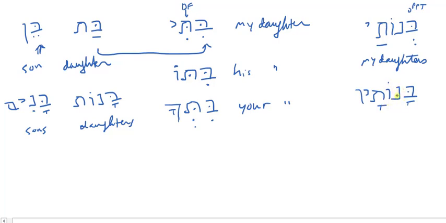This is open and propretonic. It needs to reduce to a vocal shva. So I'm going to get b, no, tav. B, no, tav. All right. Compare that with bito. Bito, his one daughter. B, no, tav, his plural daughters.